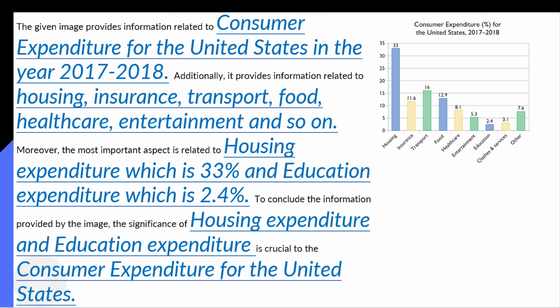Moreover, the most important aspect is related to housing expenditure, which is 33%, and education expenditure, which is 2.4%. To conclude the information provided by the image, the significance of housing expenditure and education expenditure is crucial to the consumer expenditure for the United States.